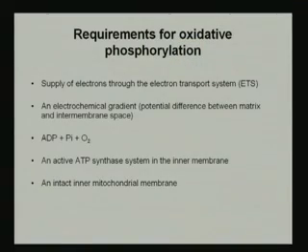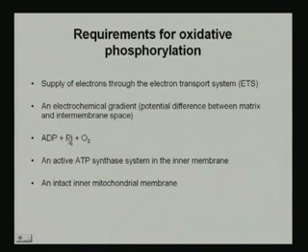Now, what are the minimum requirements for carrying out this oxidative phosphorylation in the mitochondria? Here the supply of electrons through the electron transport chain is essential, and the electrochemical gradient, that is the potential difference between the matrix and intermembrane space, is essential.